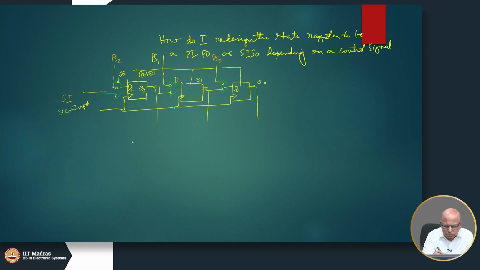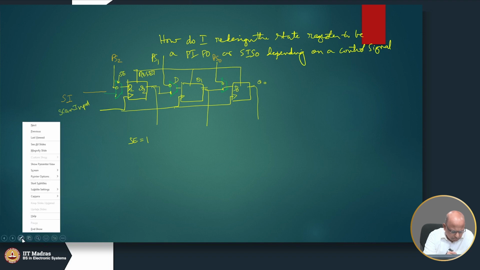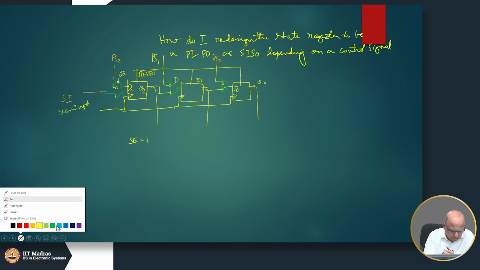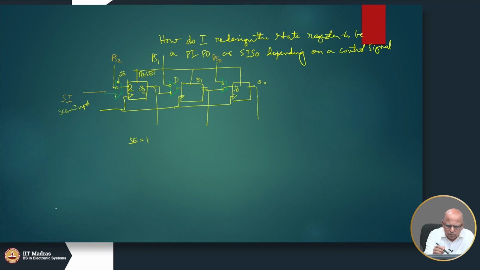So, when I am setting SE equal to 1, this scan enable has to be connected everywhere. This scan enable goes to all the flip flops.